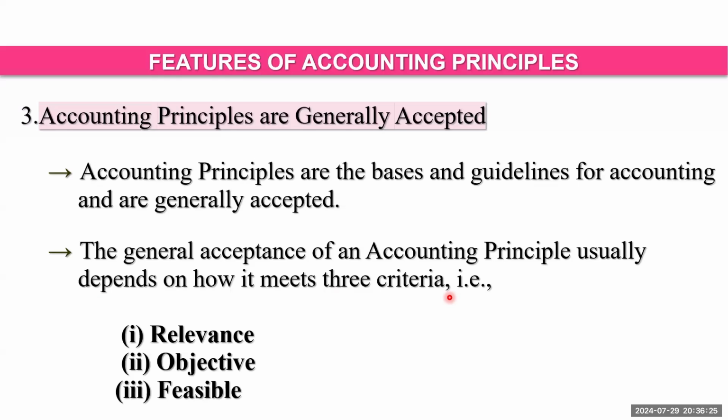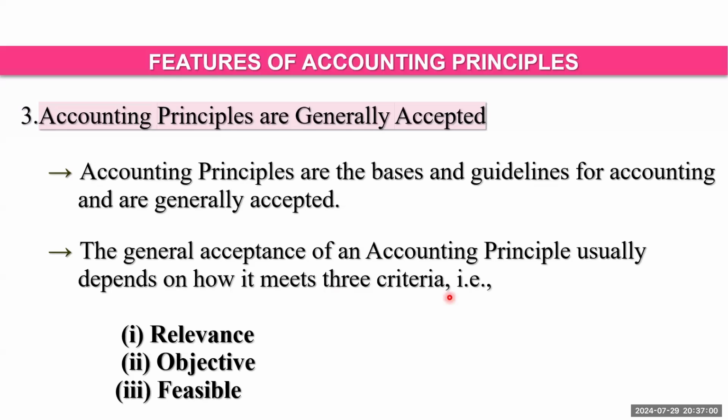So there are three reasons. It is because of the relevancy of the accounting principle, because of the objectiveness and feasibility. If these three criteria are met, if these three explanations are justified in regard to a particular principle or concept, then the accountants will definitely follow those concepts and principles.